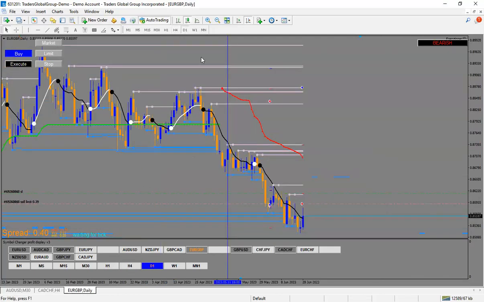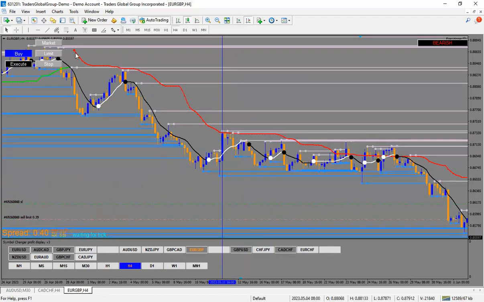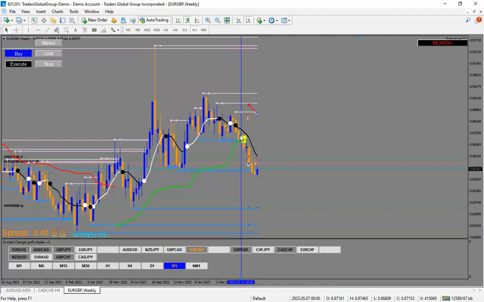On daily, this was it. I wasn't having a clear view from the daily time frame, but from weekly, this was where the trade was taking, and I can see this fractal over here.